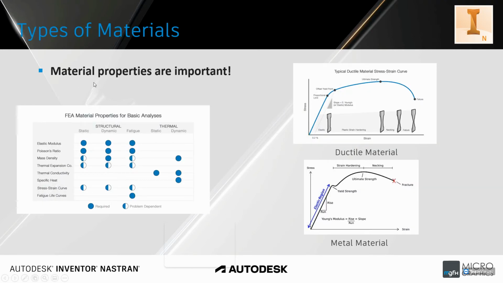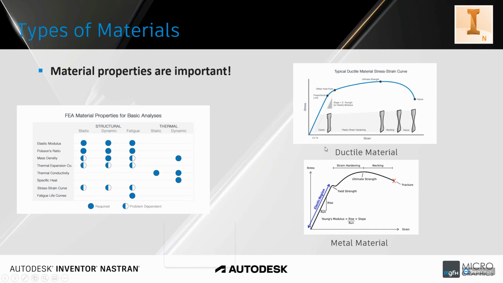Okay. Then we're going to consider the types of materials. So material properties are really important. Right? I've just got an overview here of things I've found in textbooks and on the internet. And we're basically looking at FEA material properties. And you can see all these different properties make a difference in determining whether you're going to use linear or nonlinear analysis.